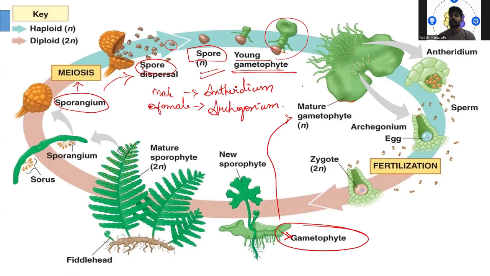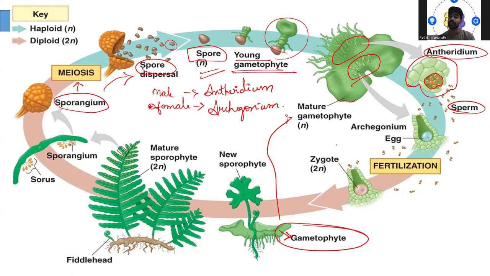If this is one mature gametophyte, you will observe both the male and female gametes. The male organ, the antheridium, will start producing sperms. There are many sperms.